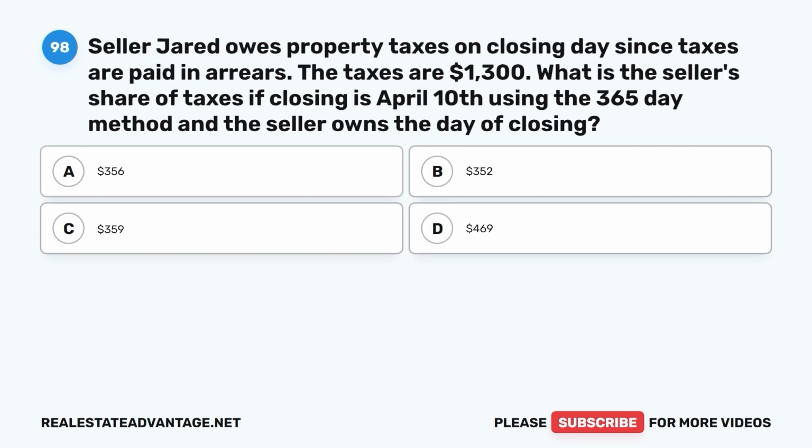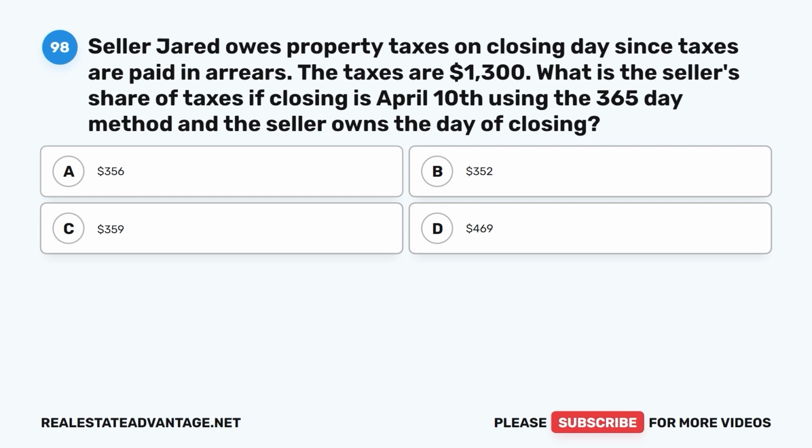Question 98. Seller Jared owes property taxes on closing day since taxes are paid in arrears. The taxes are $1,300. What is the seller's share of taxes if closing is April 10th, using the 365-day method and the seller owns the day of closing? A. $356. B. $352. C. $359.